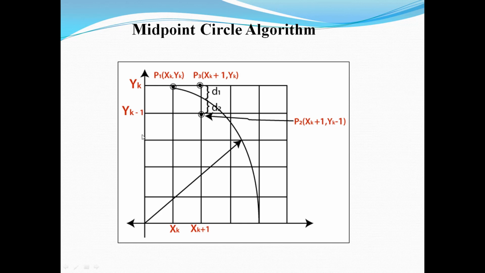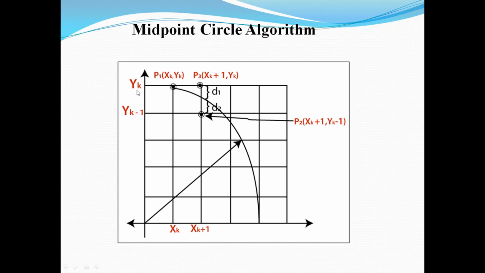Similarly, on the vertical axis, the current position would be yk on the top. Here you can see that we are taking xk with the origin, however, the point yk is on the top. We are starting the y coordinate from the top, so the y coordinate will decrease its value while the x coordinate will increase its value. Suppose we have the current position xk, yk.